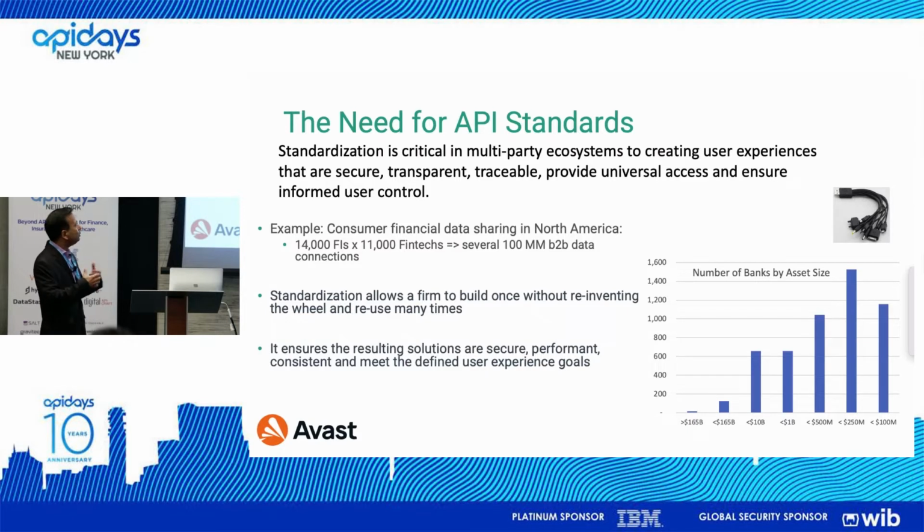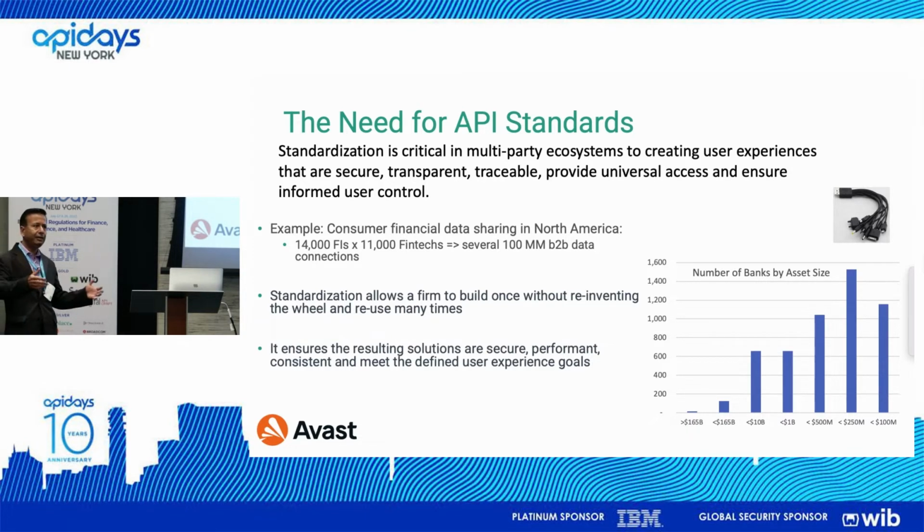So you take a space like financial services with 14,000 financial institutions and 11,000 fintechs, you're talking about hundreds of millions of point-to-point connections that suffer from these inconsistencies. And a standardization in such a space would allow a firm to build once without reinventing the wheel. So if you're creating an API, you don't need to worry about what an account type is. What should I call a checking account?